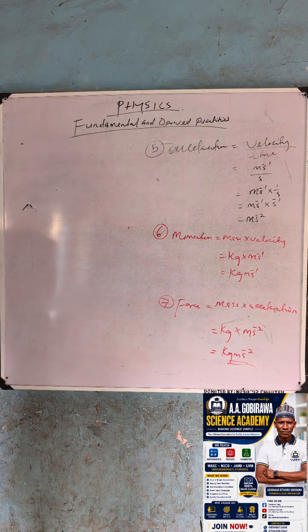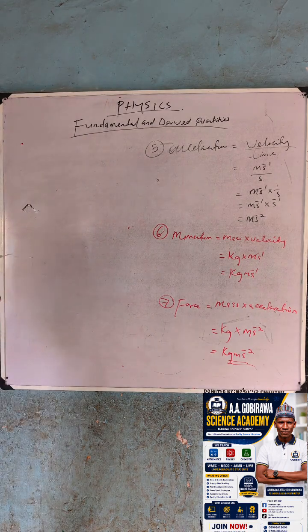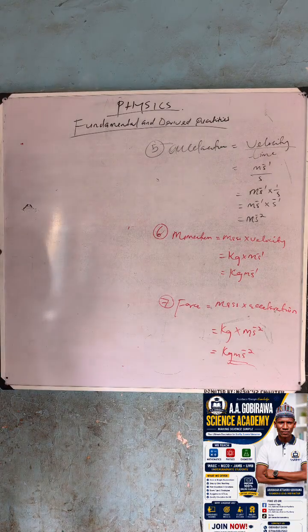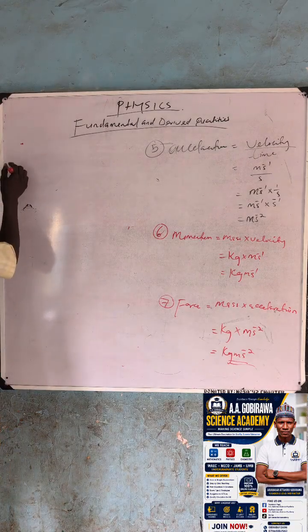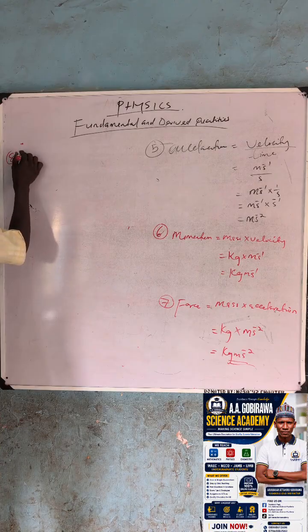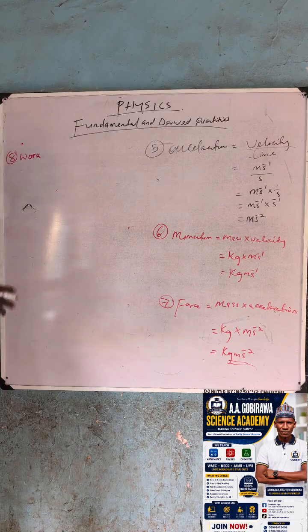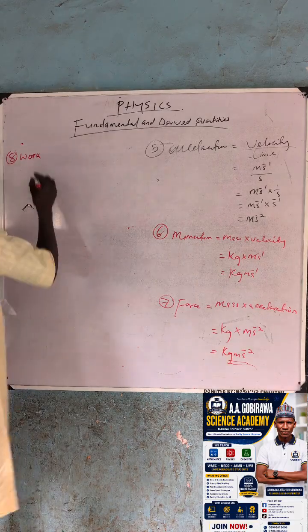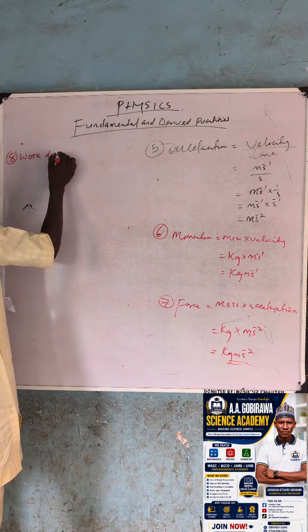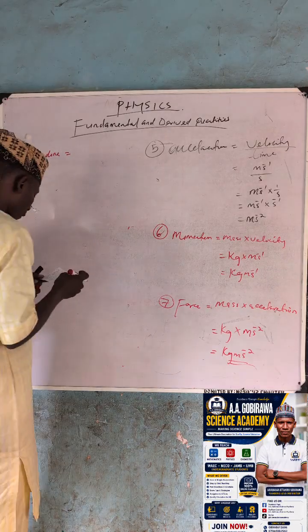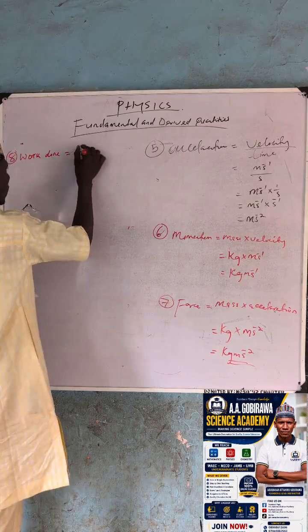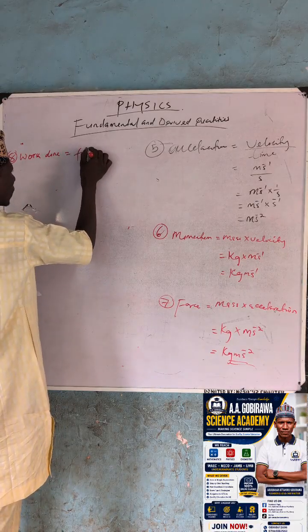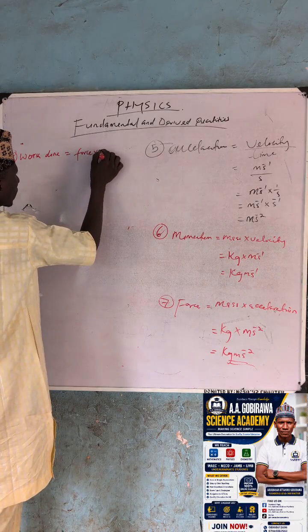So our next example is work done, number 8. Work done is the product of force times distance.